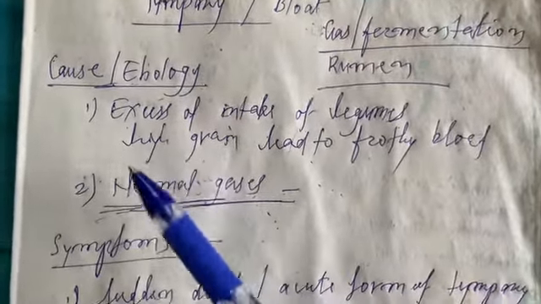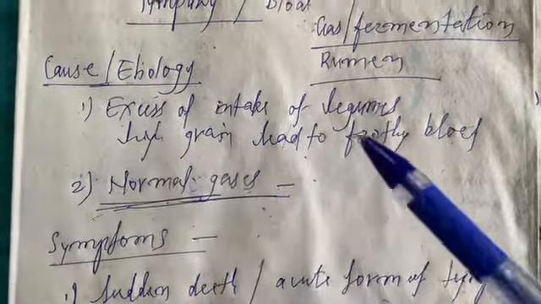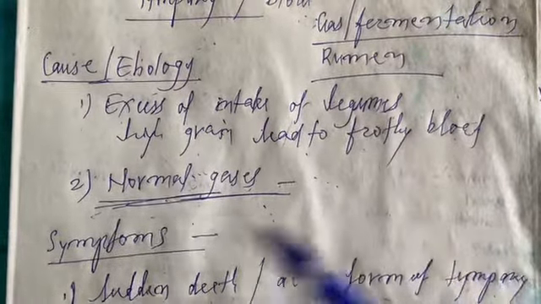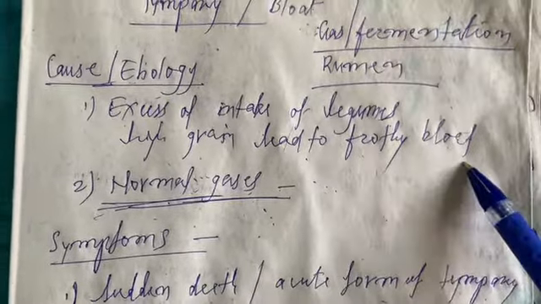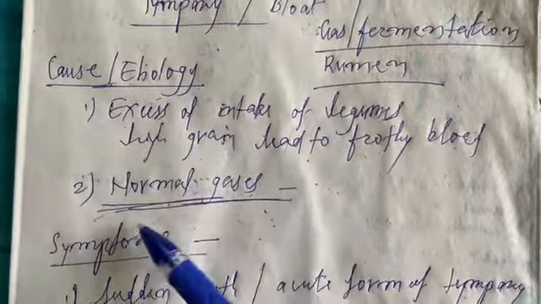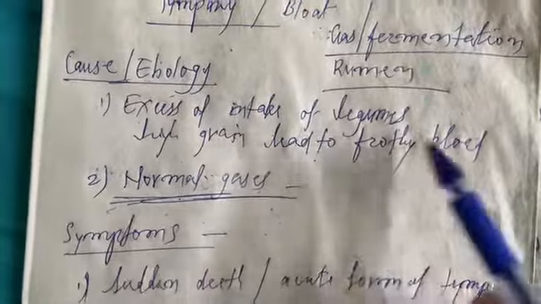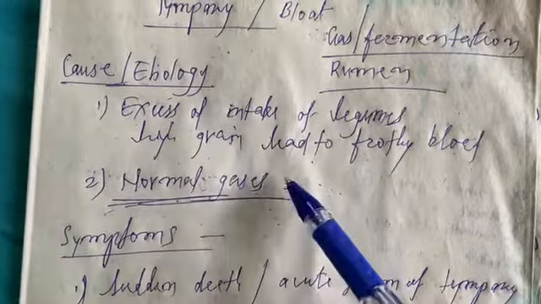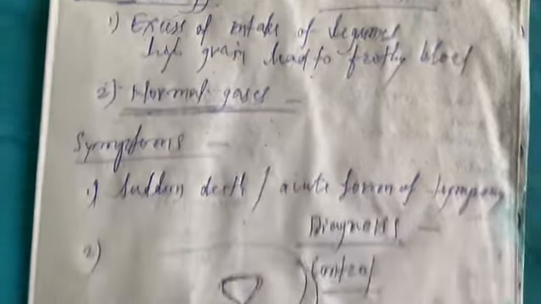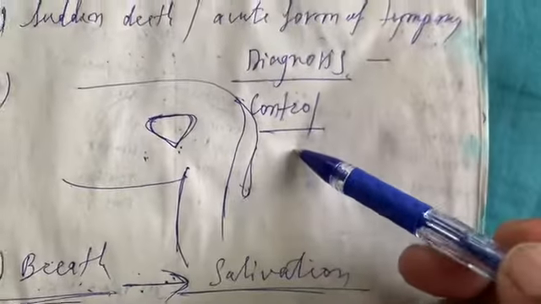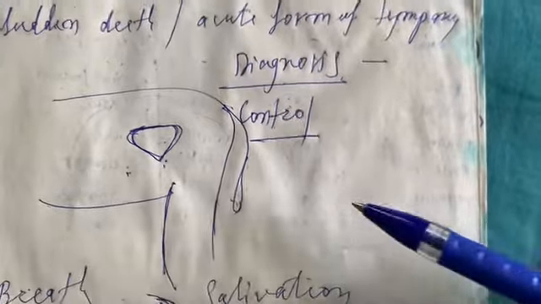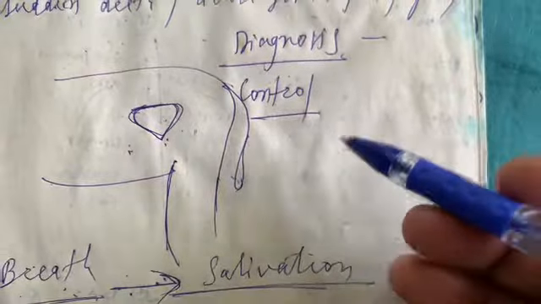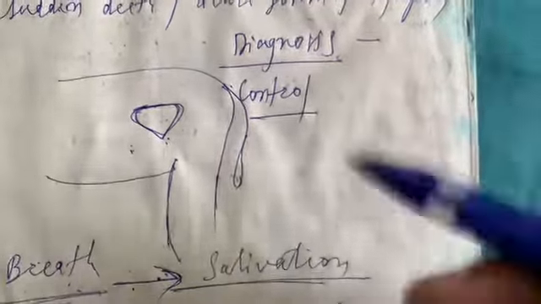So, we have seen the different causes, that is, excess intake of legumes, green fodders, and high grain leading to frothy bloat. So, these are the causes. Okay. So, we have to control all these causes. In this way we may control the disease. This is not a contagious disease, so there is no question of spreading or infection of the disease to other animals.